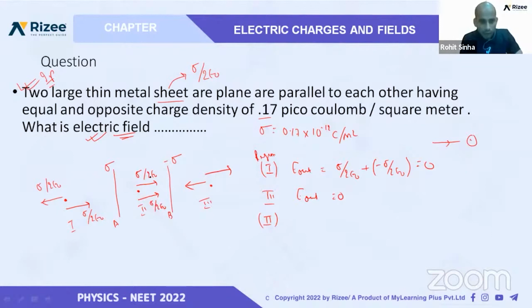This one is away from A, and this is towards B. So the electric field inside will be sigma by 2 epsilon naught plus sigma by 2 epsilon naught. We will get sigma by epsilon naught, and you can solve this and you will get the answer.